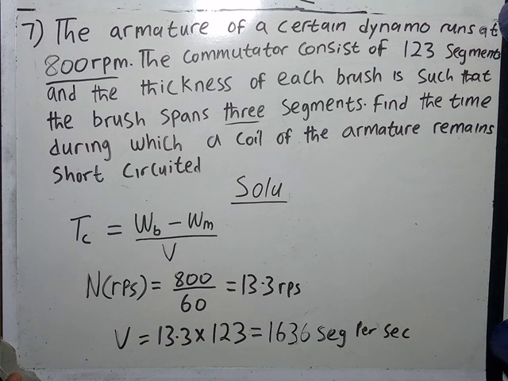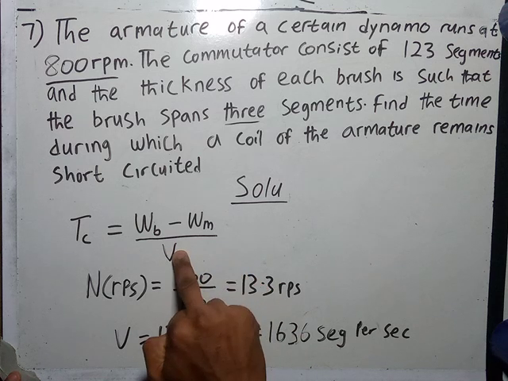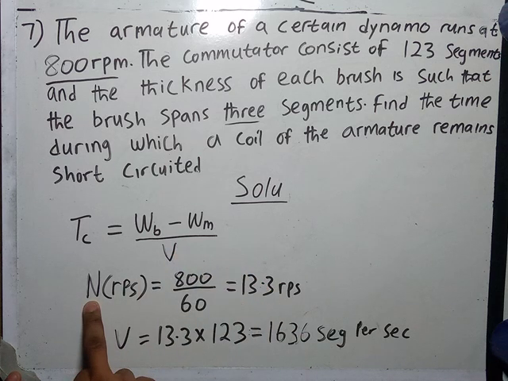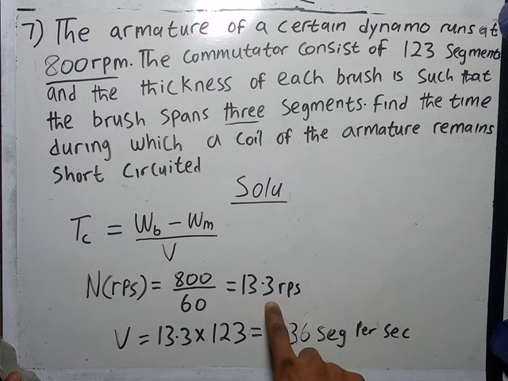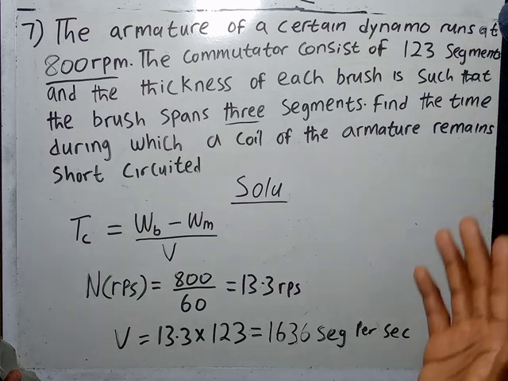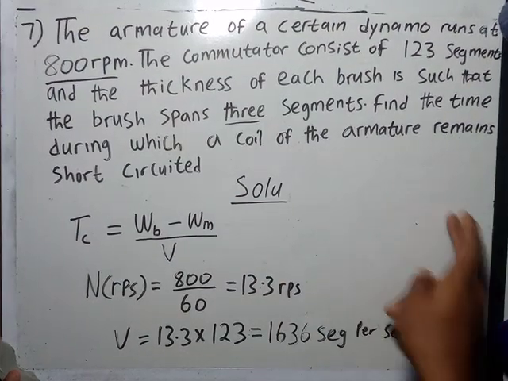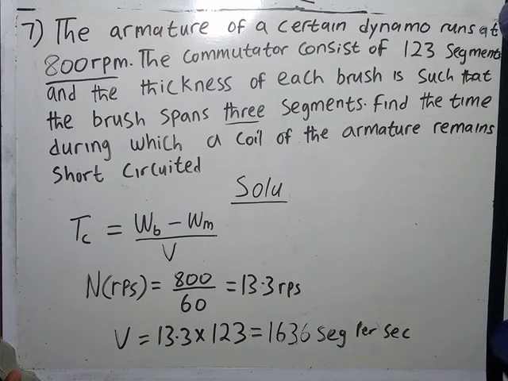Now that's just the idea. For you to use your V, you will always be given N instead. First of all, break it down to revolutions per second and multiply whatever you have gotten by any parameter that describes the whole number of segments.